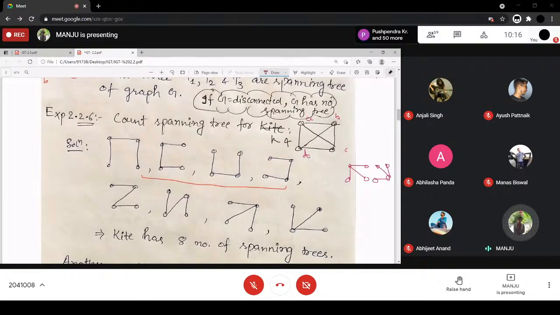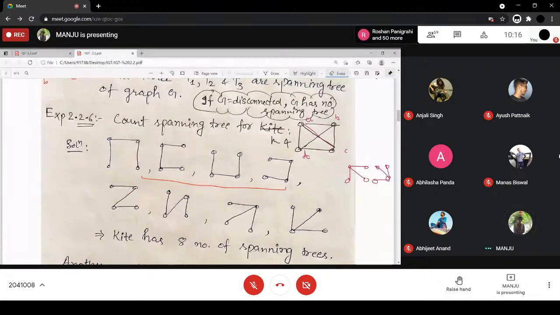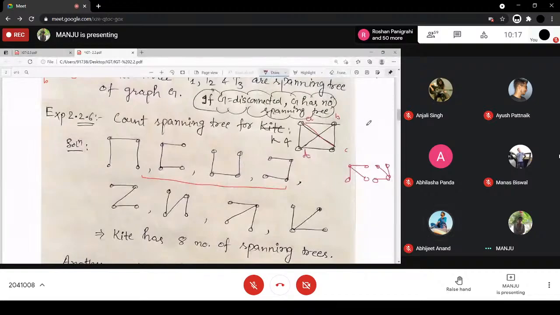It will be a kind of opposite Z, right? Containing this diagonal, opposite Z and N type, right? So if you delete this one and this one, right? This is N and opposite Z. Two more of this type. Clear? Yes, ma'am.